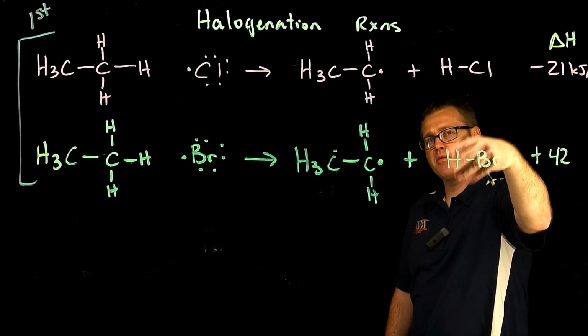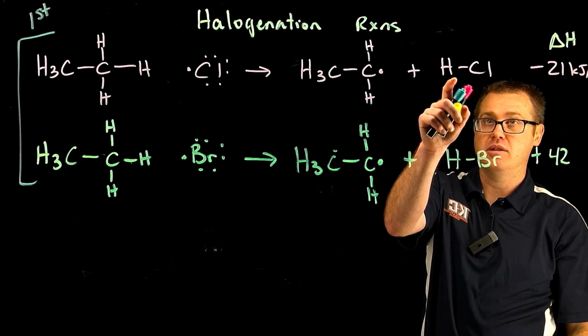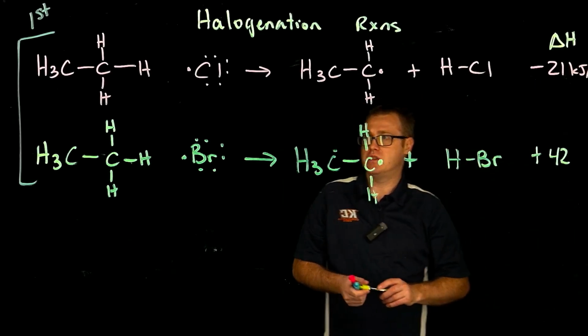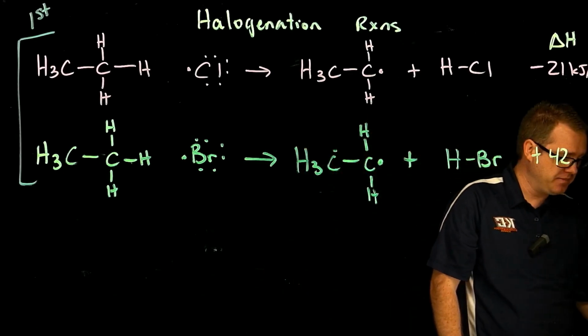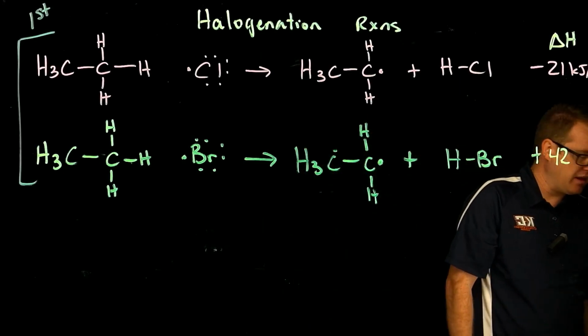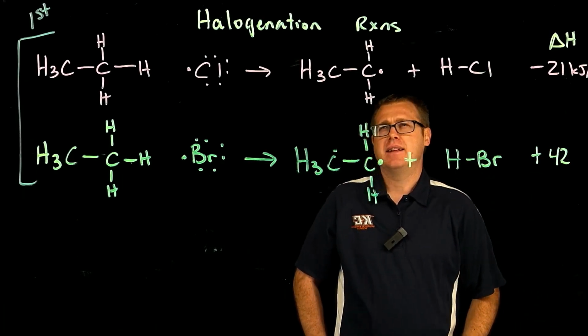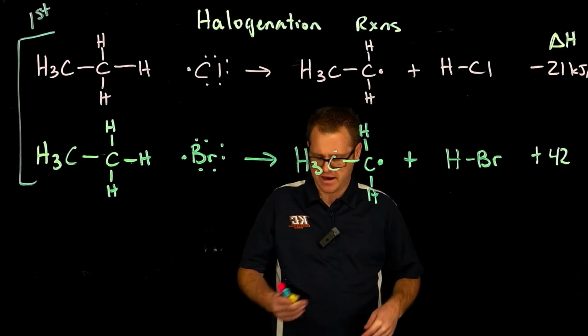So which one's more favorable between the two? Well, it's going to be this one because it's exothermic. So what we can do is represent that first propagation step with an energy diagram. Do we want to do the energy diagram now or later? Let's do it later.